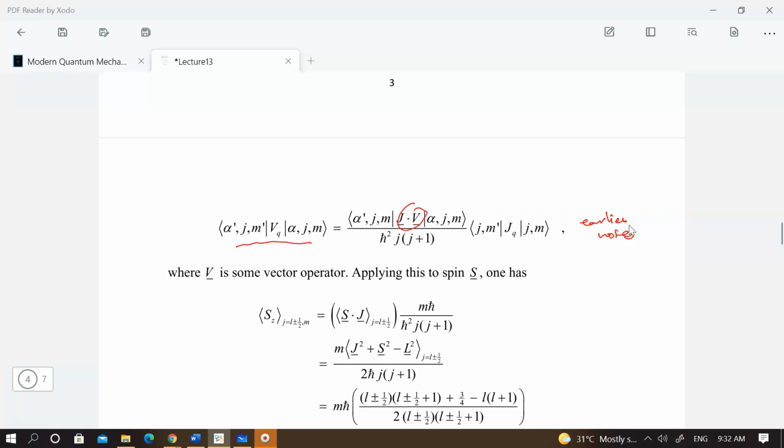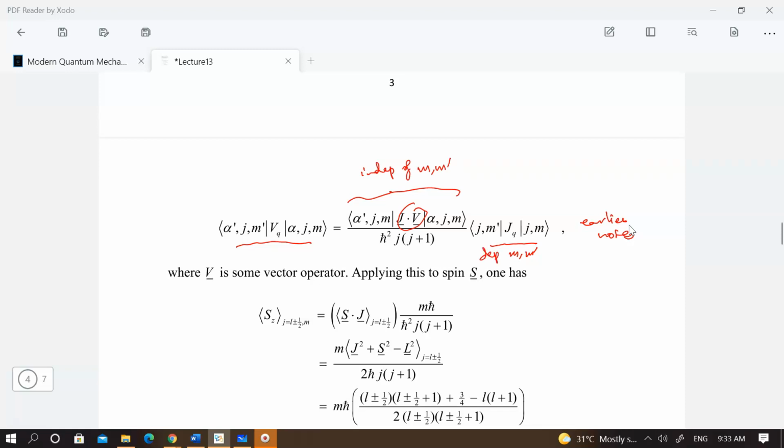So you have a part independent of m and m dash, and a part that depends on m and m dash.